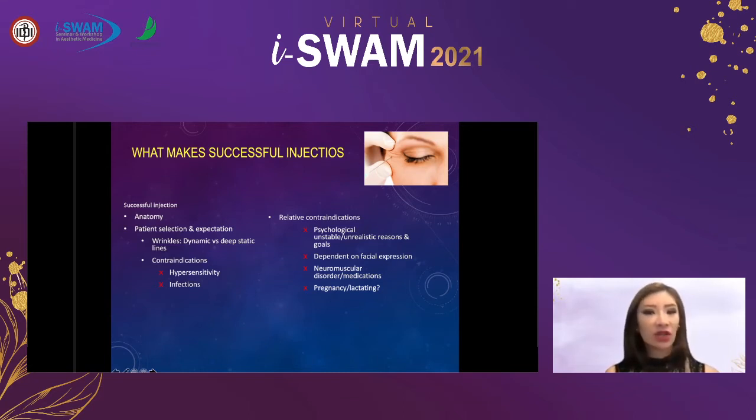And these are the relative contraindications, but you have to really communicate this to the patients, especially those with unrealistic goals from injections, and patients who have a neuromuscular disorder or history of, for example, Guillain-Barré syndrome, and also patients who are pregnant and lactating, even though there has not been any evidence. However, you have to be very careful if the patients are pregnant or lactating.